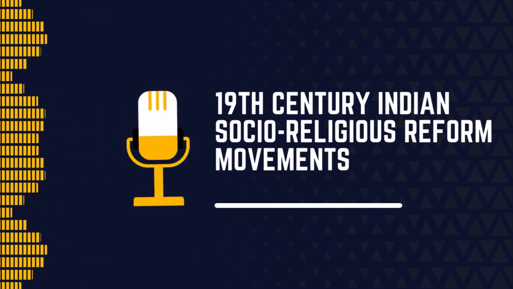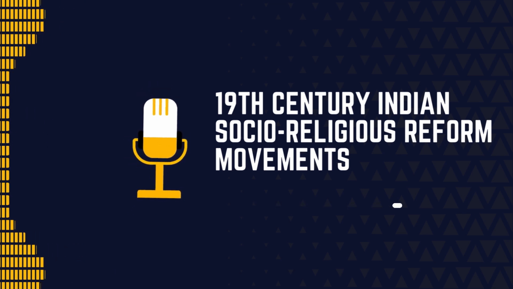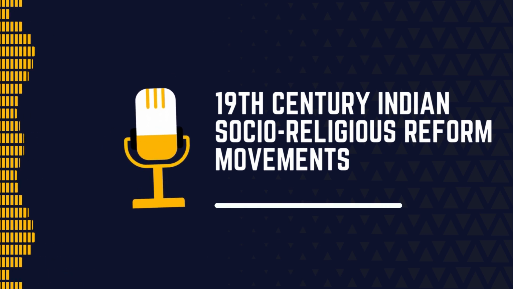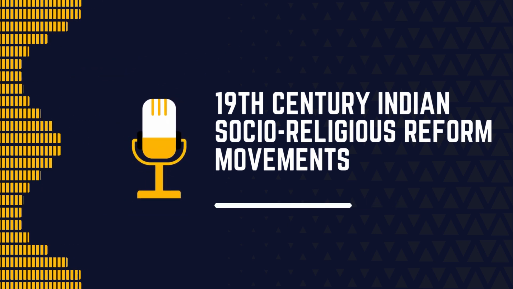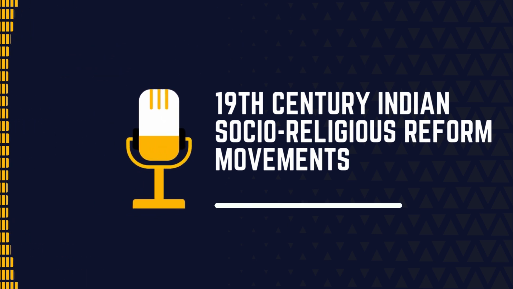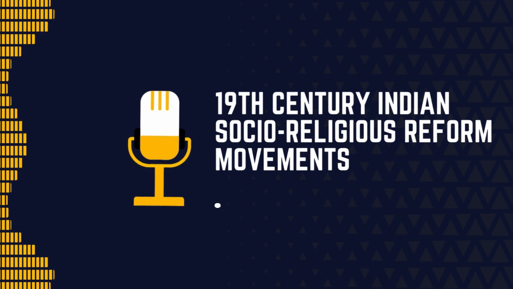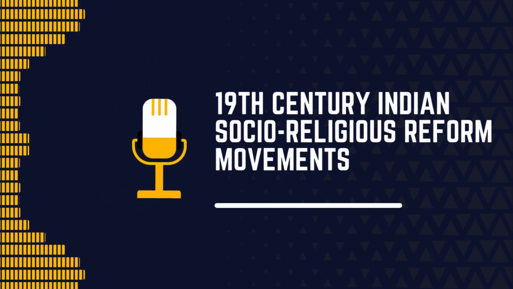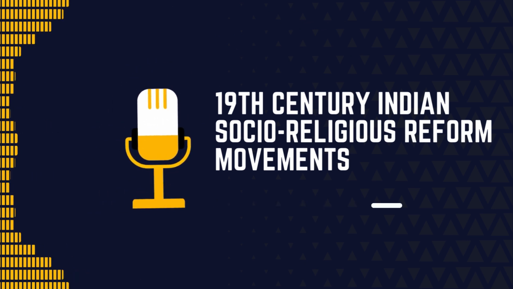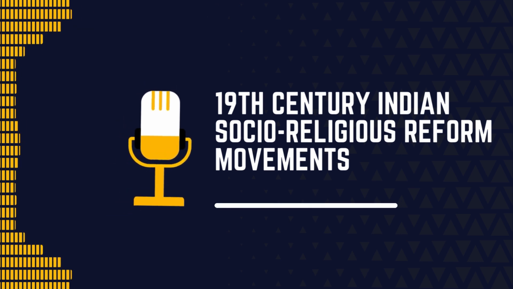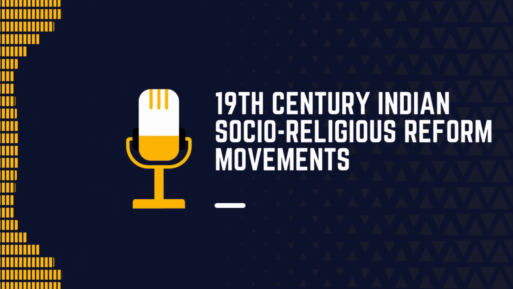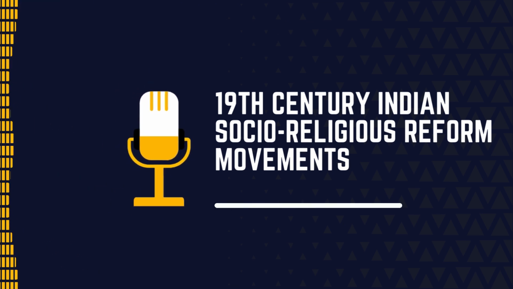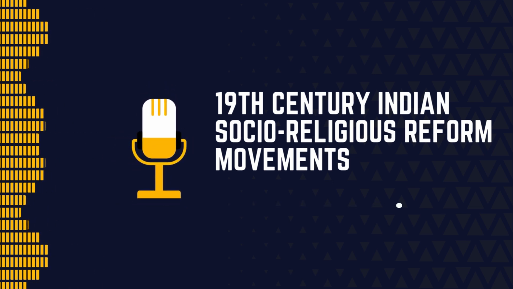And we can't forget the Aligarh movement, led by Sir Syed Ahmed Khan. This movement emphasized modern education for Muslims and promoted a more rational interpretation of Islam within the context of the British Raj. So we see this diversity of thought and approach within all of these different movements. It's fascinating how they each contributed to the broader picture of social and religious reform in India.